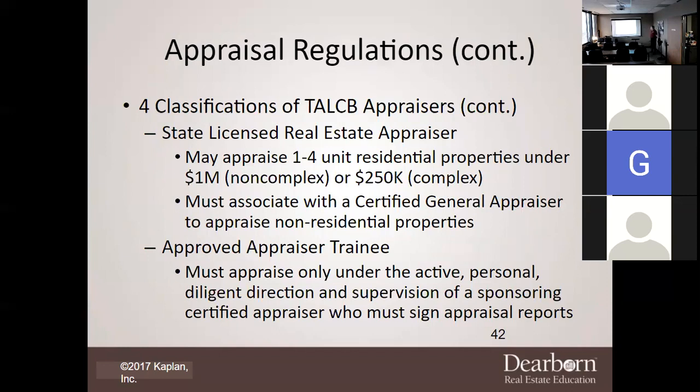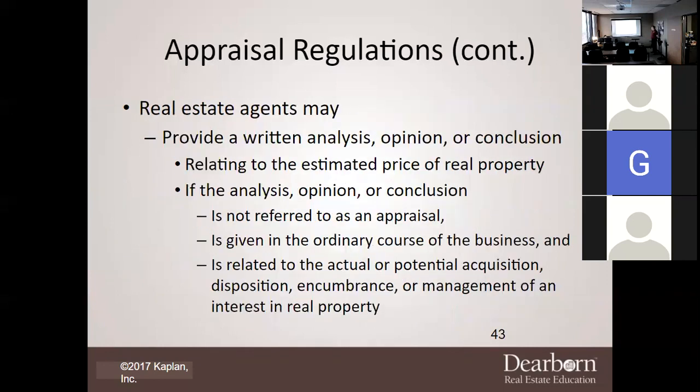They can appraise 1 to 4 unit residential properties under 1 million in a non-complex, or 250,000 in a complex. Again, they must associate with a certified general appraiser if they're going to appraise non-residential properties as well. And then the last one, of course, is the approved appraiser trainee. They have to appraise under the active, personal, diligent direction and supervision of a sponsoring certified appraiser who must sign off on any of their reports.